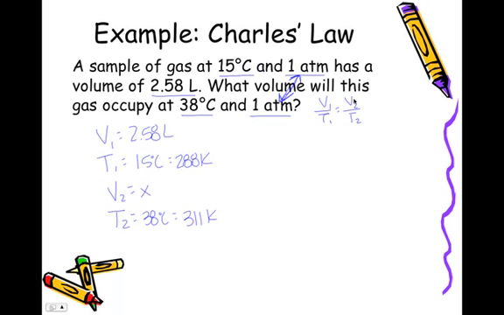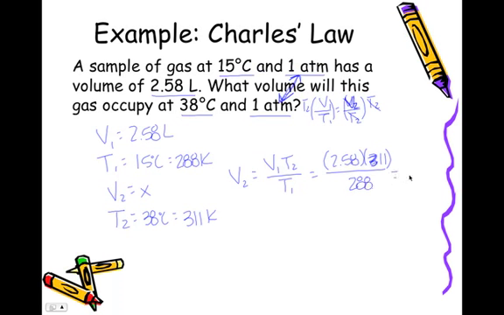So now I need to rearrange this to solve for V2. I'm just going to multiply both sides by T2. T2's cancel out. So I end up with V2 equals V1 T2 over T1. Plug in my numbers, 2.58 times T2, which was 311, divided by T1, which is 288.